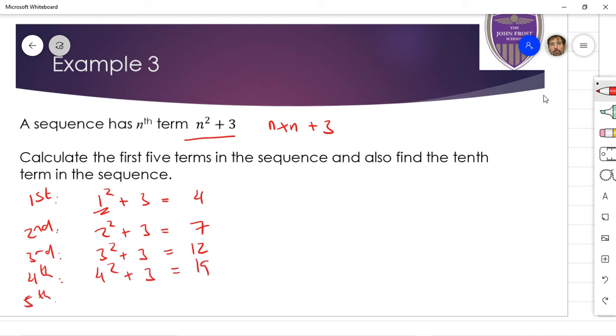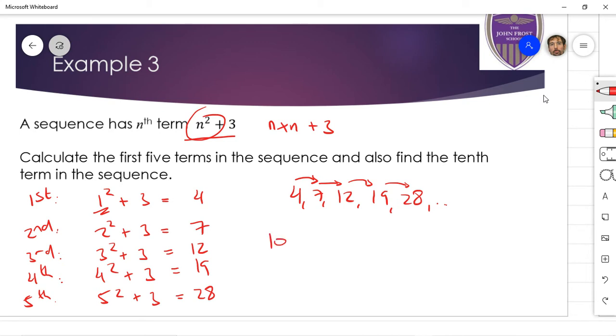And the fifth one, 5 squared add 3, which is 28. So this sequence goes 4, 7, 12, 19, 28. You'll see here that the gap between each term is actually changing. So when it's a squared sequence, the pattern isn't as obvious. If you want the 10th term, you just do 10 squared, add 3, which is 103.